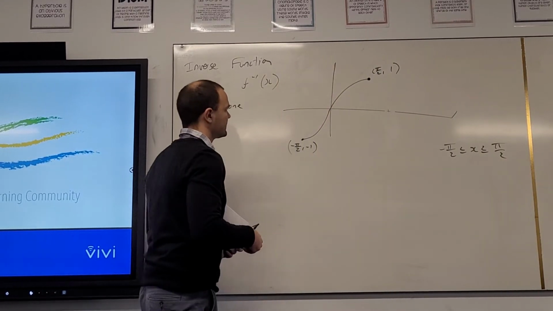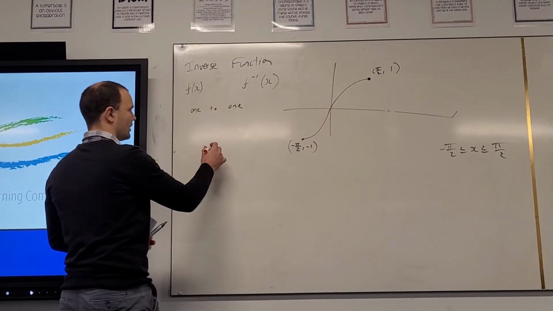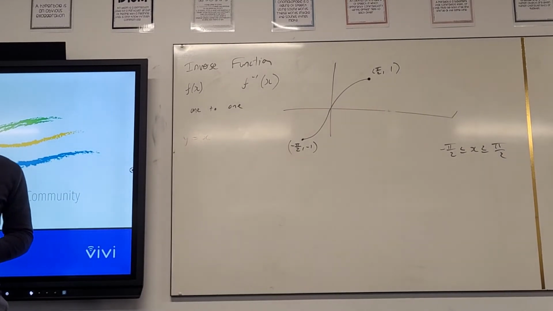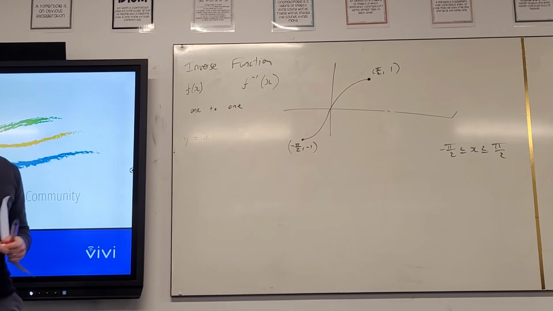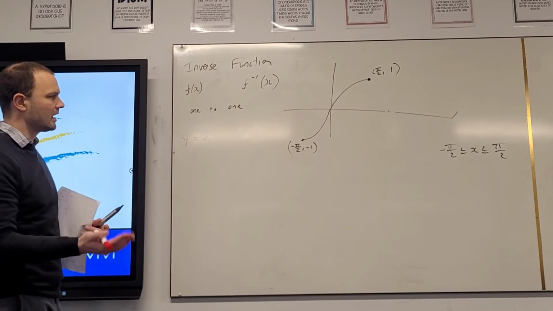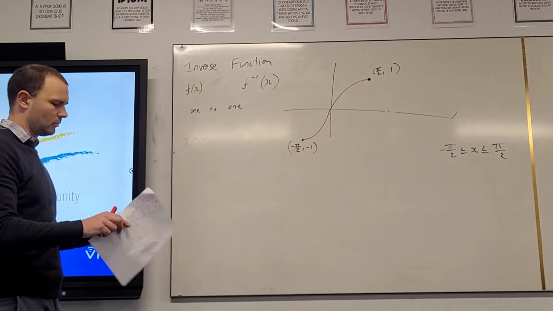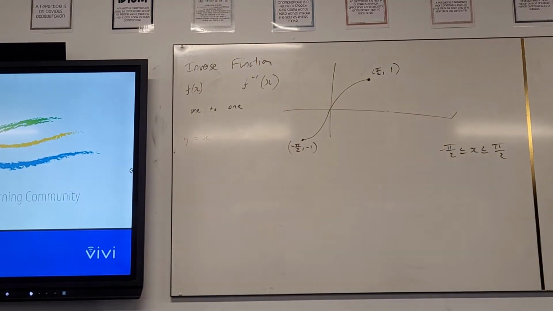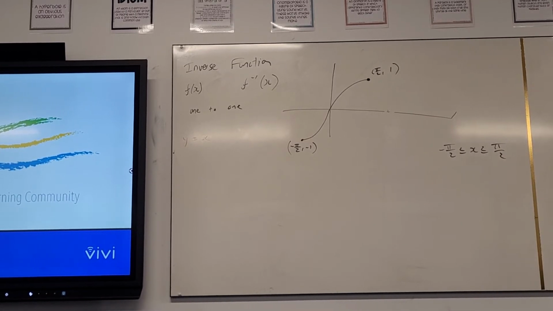We've also got to consider the line y equals x, because what is the inverse but the mirror image of the function about the line y equals x? I'll just check my scale here.